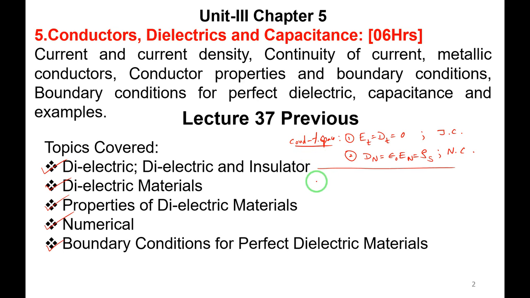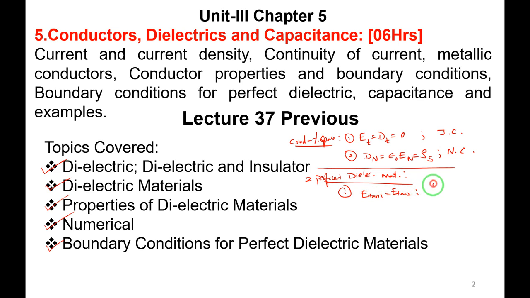Then next, between two perfect dielectric materials, right? So I list out the boundary conditions. The tangential component is continuous, E tan 1 equal to E tan 2.